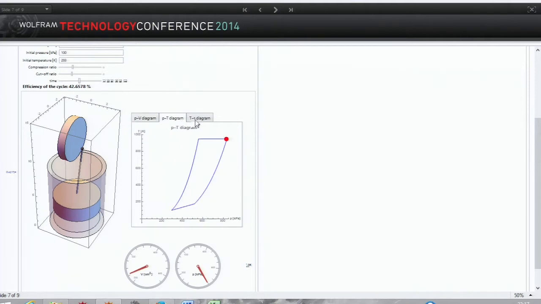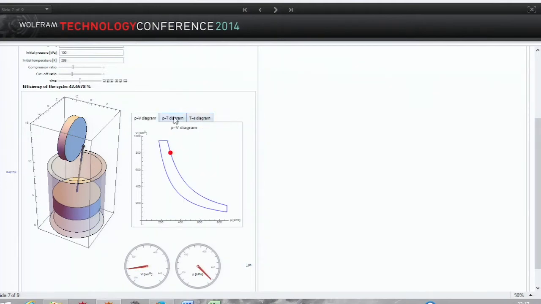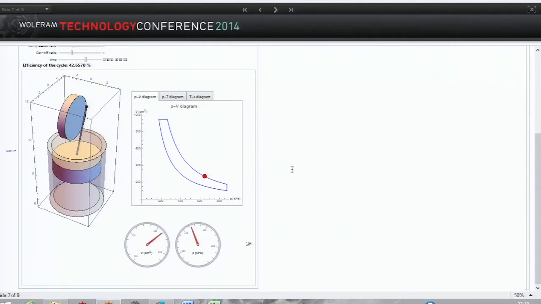Also, you can see how it changes in the PT diagram and TS diagram. The final thing is that we also compute the overall efficiency of this cycle with these initial temperatures.